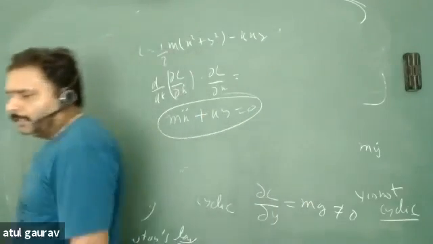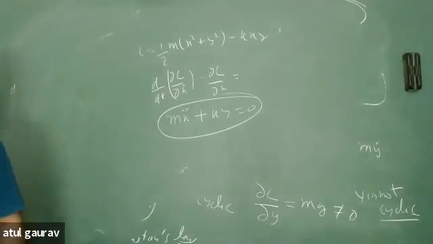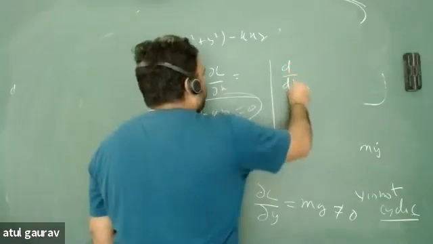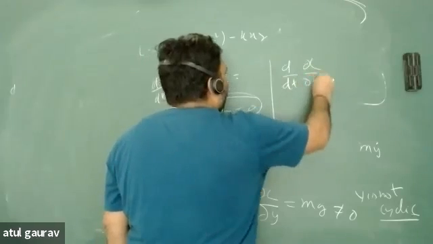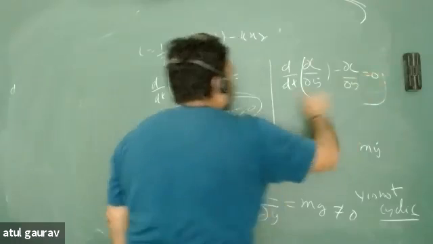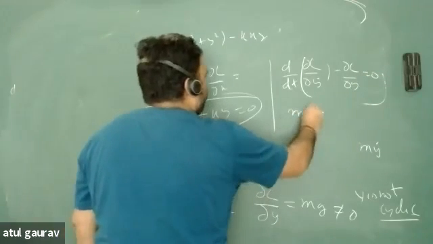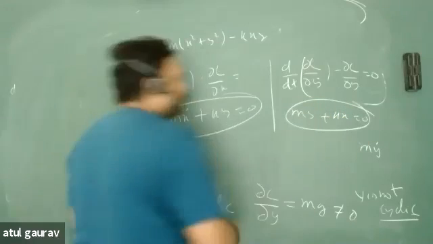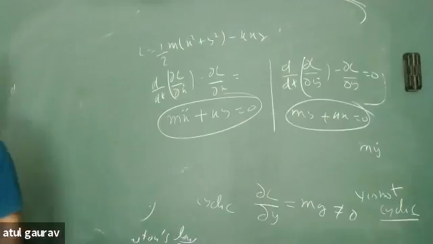This is your equation of motion. And similarly, you can get another one. You solve d upon dt del L upon del y dot minus del L upon del y is equal to 0. Then you have m y double dot plus kx is equal to 0. They are coupled equations.